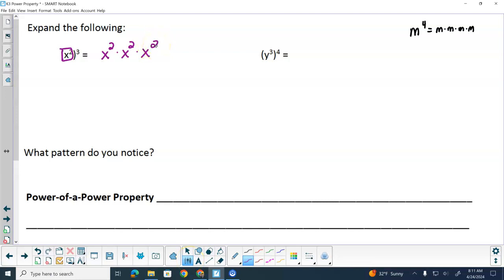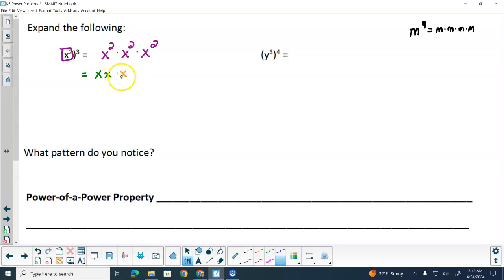Now, we can take that a step further, Michelle. What does x squared mean? If m to the fourth means m times m times m times m, what does x squared mean? Just this one right there. X times x. Now, really hard question. What does this x squared mean?